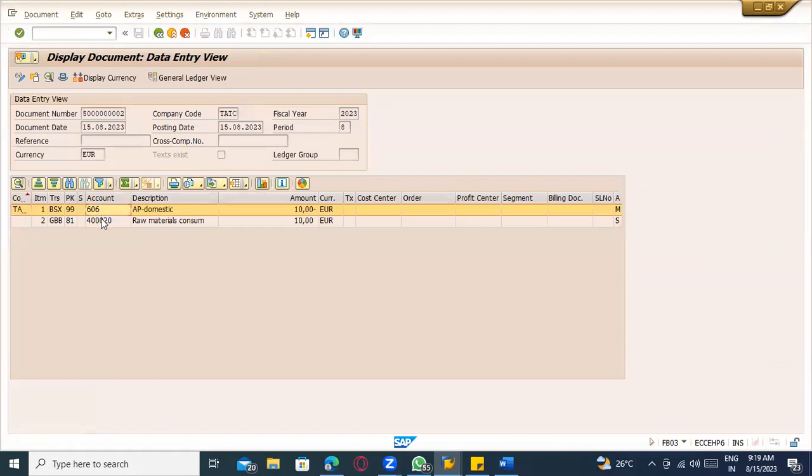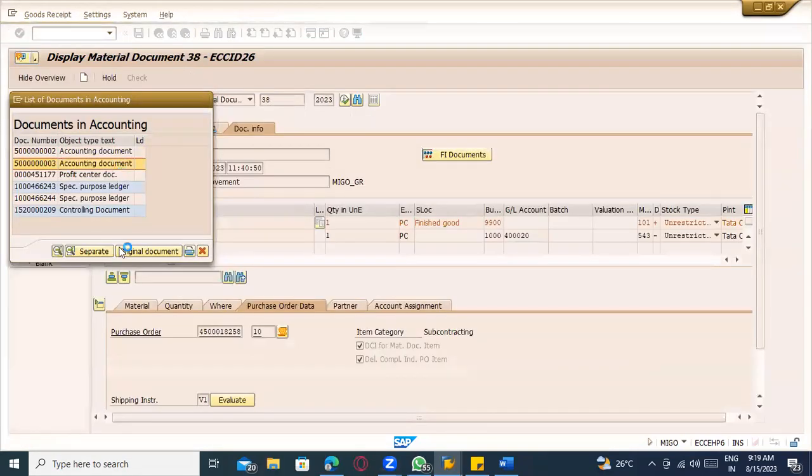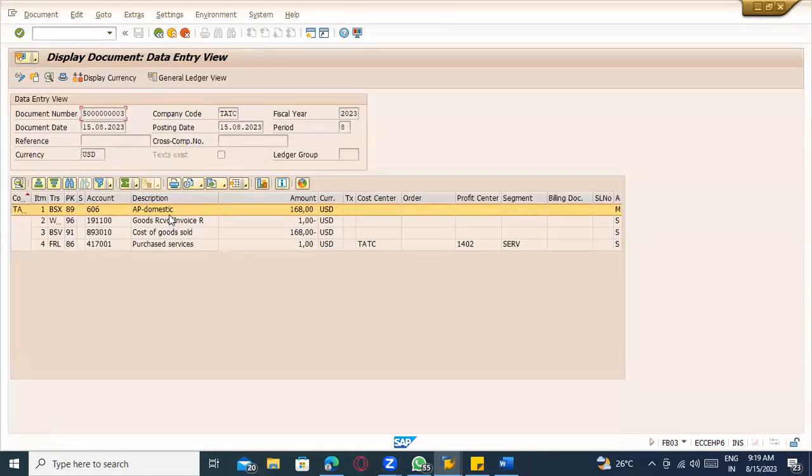So here 606 is the one GL account, 4000201 GL account, like it is posted. Based on that, the finance team will understand that there is a debit, there is a credit, and there is a posting pending in the GRIR clearing account. So tomorrow they will check whether there is anything pending from the GRIR, whether it is nullified or not.